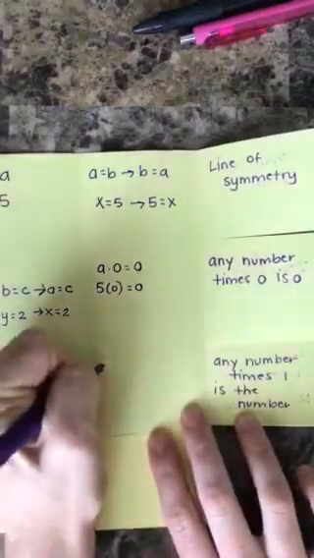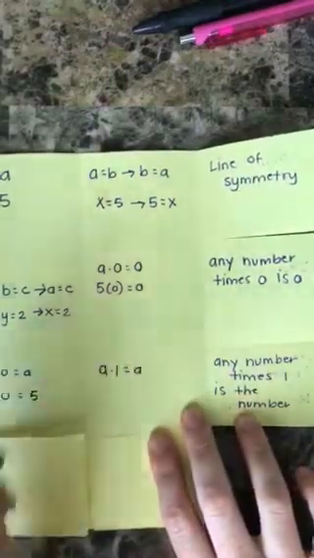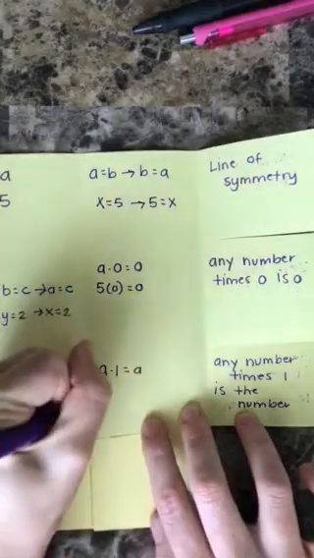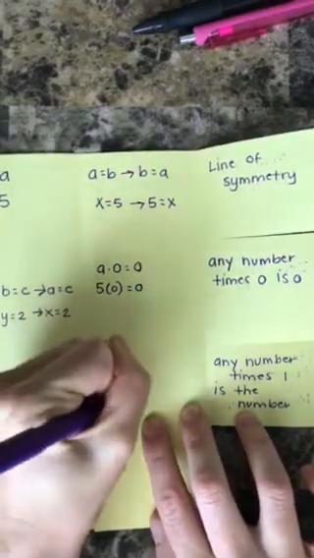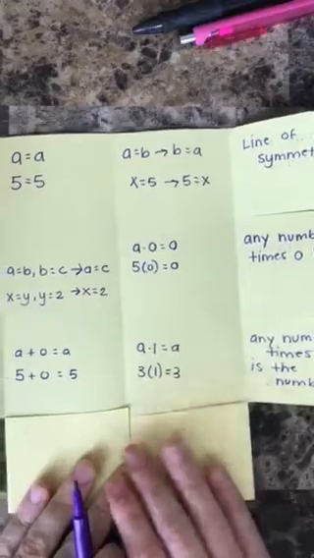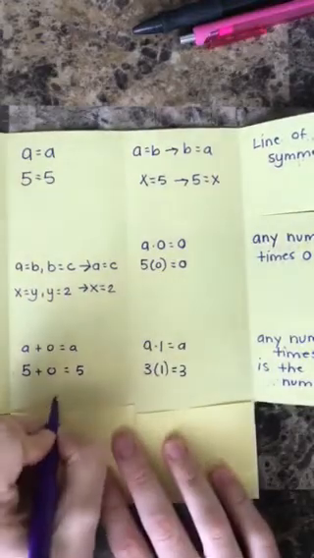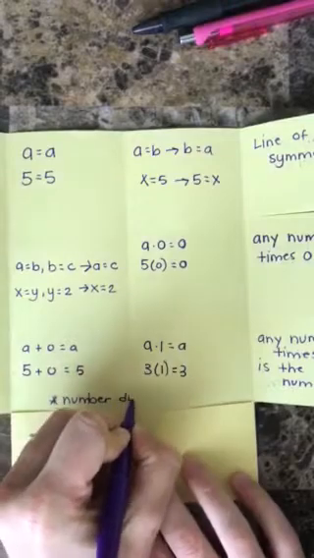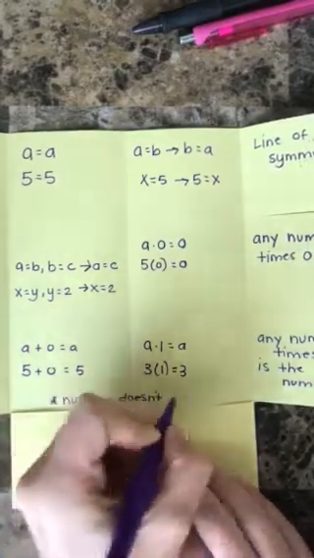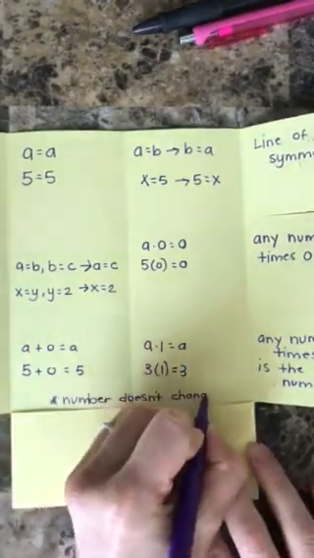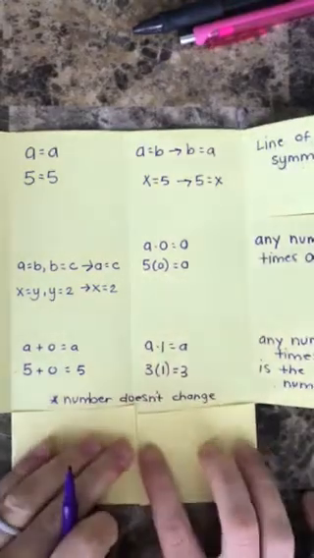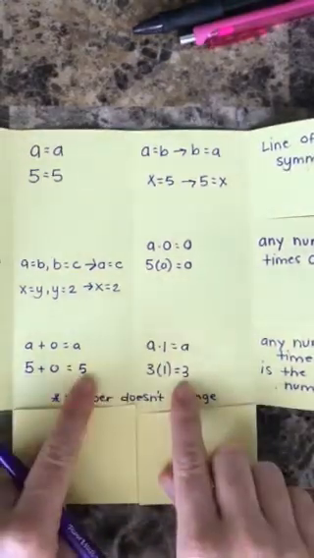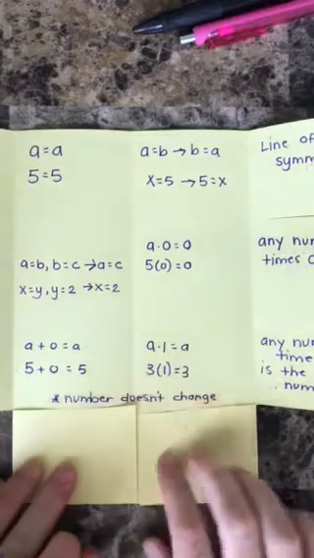So something like a times 1 equals a, 3 times 1 equals 3. It's important to remember here with your identity properties that the number doesn't change. That's what I was saying earlier about keeping your identity exactly the same. So we started with 5, we end with 5. We started with 3, we end with 3.